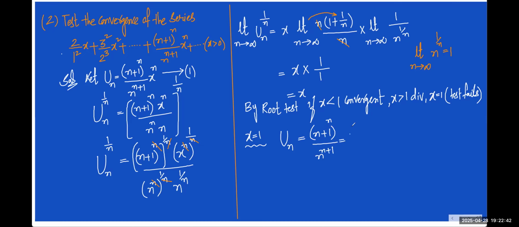N common, but n common will come out of the whole to the power of 1 by n only. 1 plus 1 by n whole to the power of n. In the denominator we are splitting n power n plus 1 into n power n and n power 1. These two are cancelled.